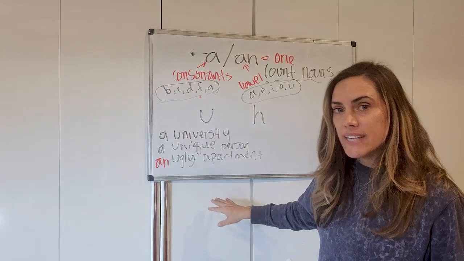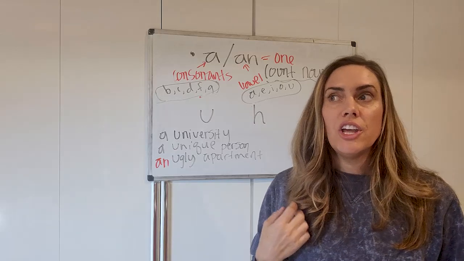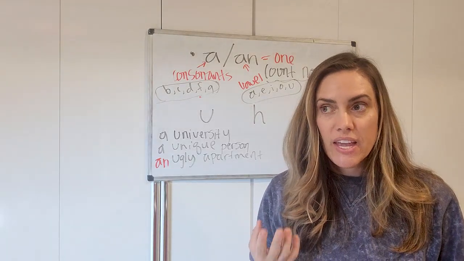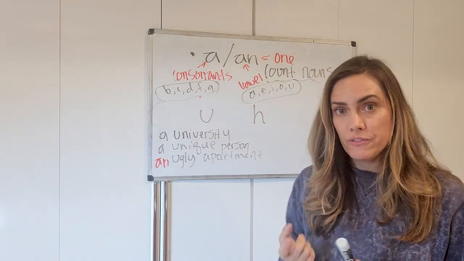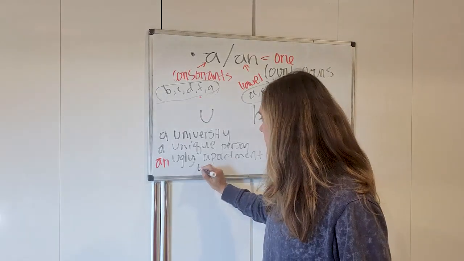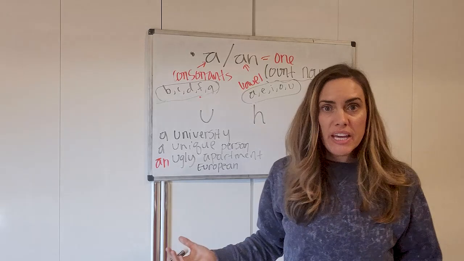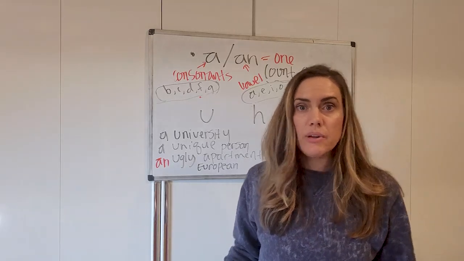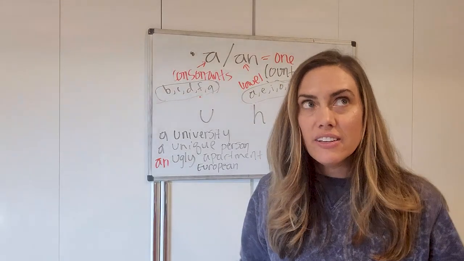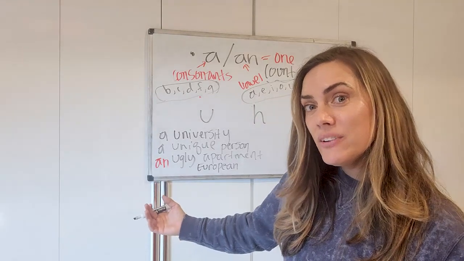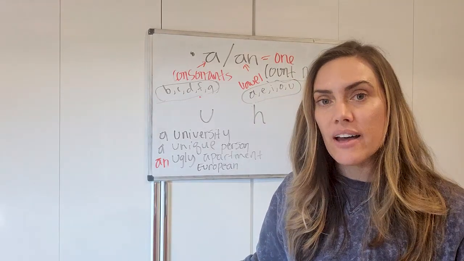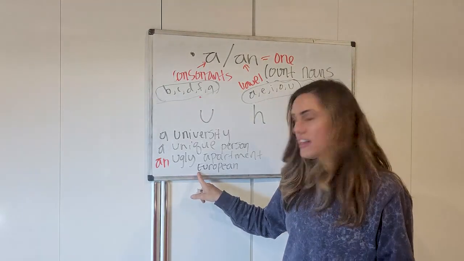Okay, another example of the sound Y, right, is in this word, for example. European, a person from Europe. European, Y. What does that sound? That's a Y sound again. But wait, look at the letter.